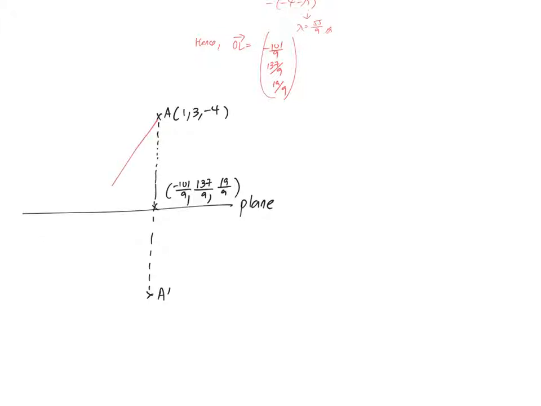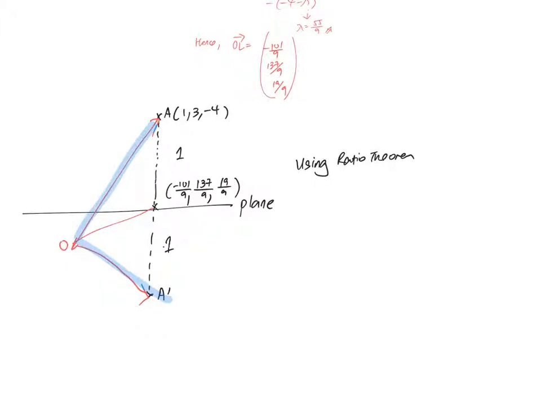Remember, you can always use the ratio theorem. All of them are reflected back to O: OA, OA prime. Using the ratio theorem, you know that the ratio here is 1:1.